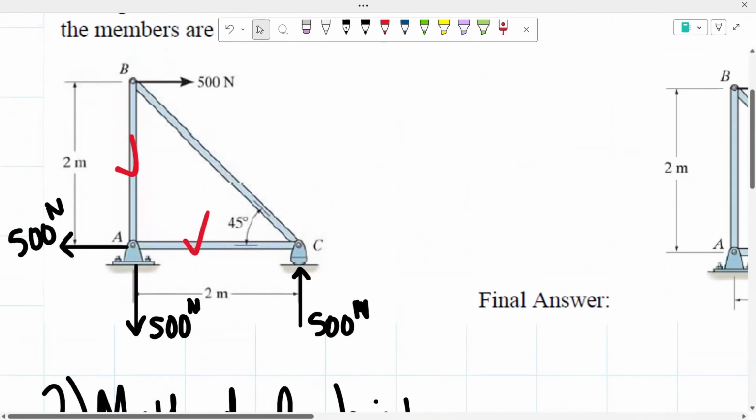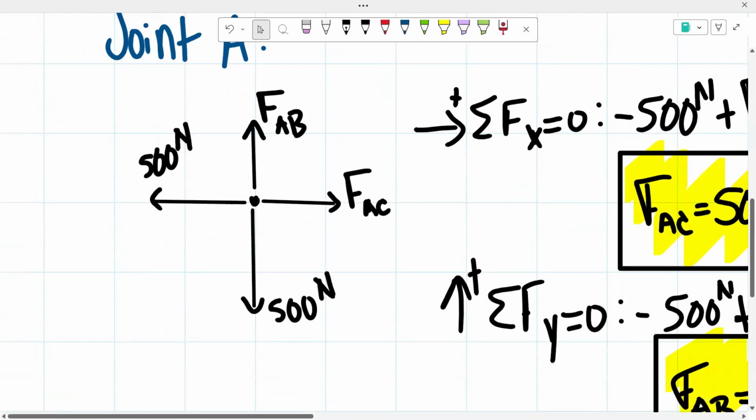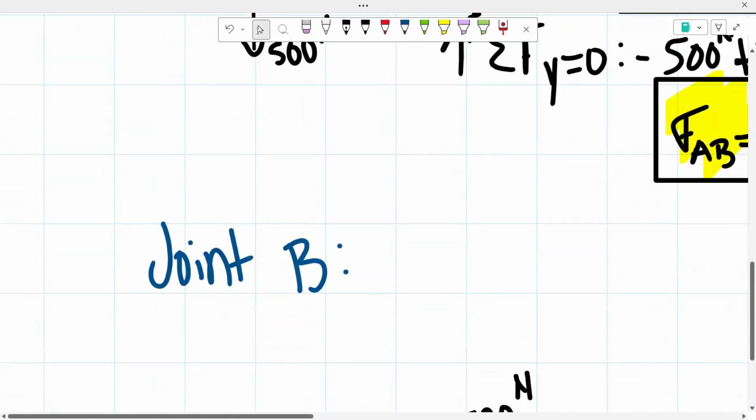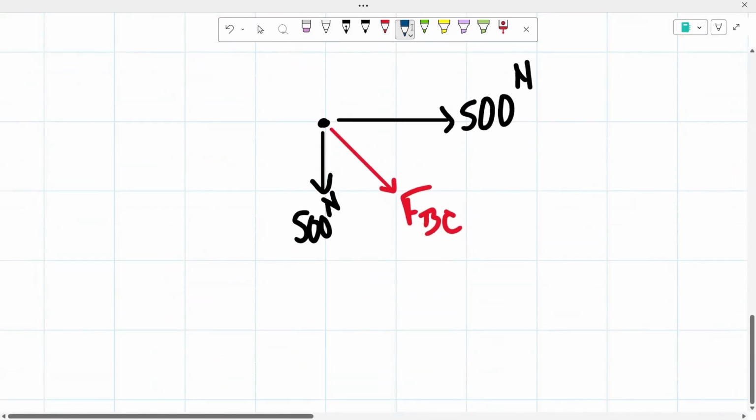Looking at this sketch real quick, it's given to us that this angle is 45, so we know therefore that this angle right here is 45 as well. If you guys didn't know that, it would have been easy to just go off joint C, since you know for sure that this angle right here is 45 degrees. So we have this angle of 45 degrees.